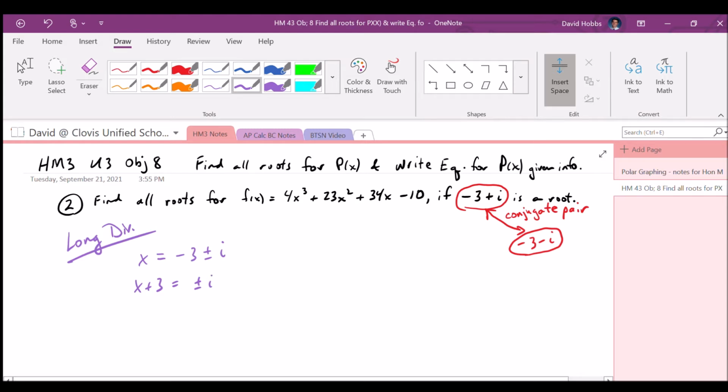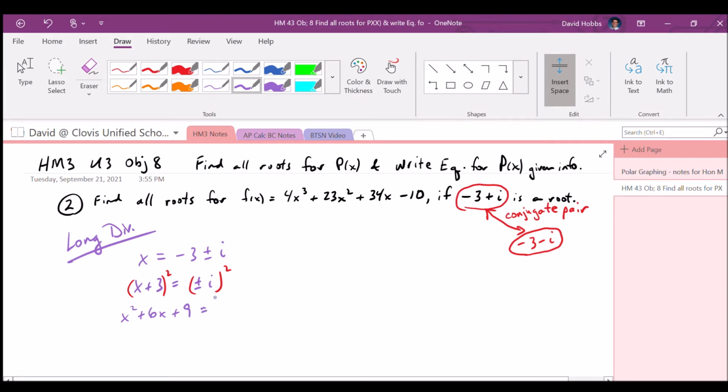And now that we have that by itself, now we're going to square both sides, because we're going backwards from solving by completing the square. So now, we do need to multiply out the x plus 3 quantity squared, and if you need some scratch paper, make sure you do it correctly. But that's x squared plus 6x plus 9.